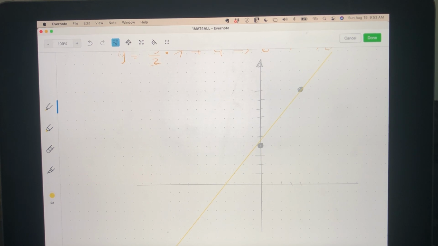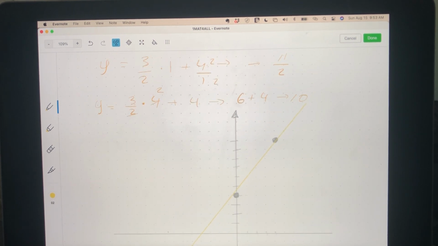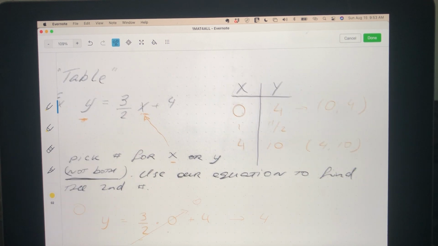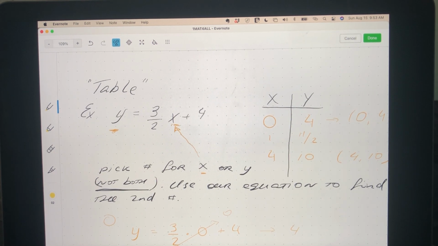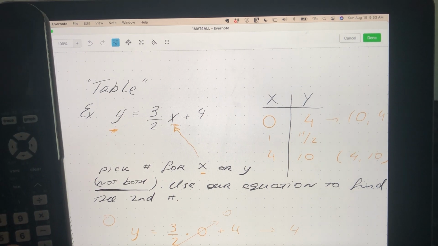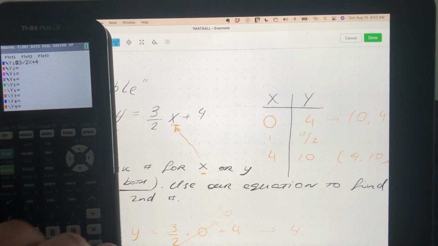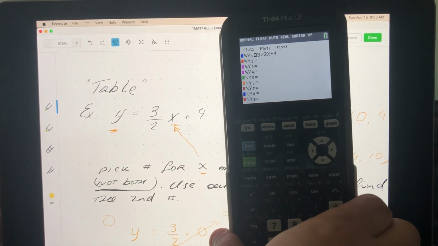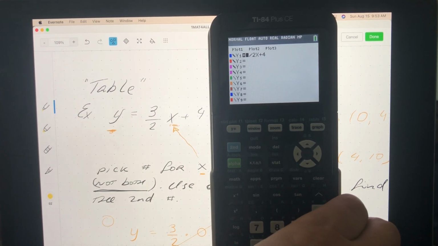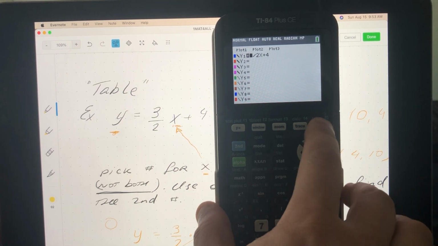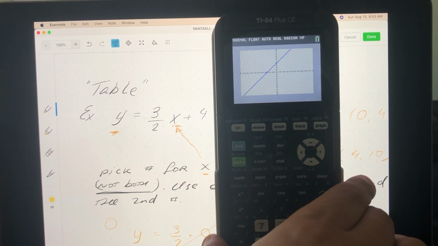That's it. Now, if we wanted to check our work, we could also check it with the calculator, because the calculator already has a table feature built into it. As we did in the previous video, let's once again type in our equation, 3/2 x plus 4. That's the same one. And if we go to the picture, here is what it looks like.